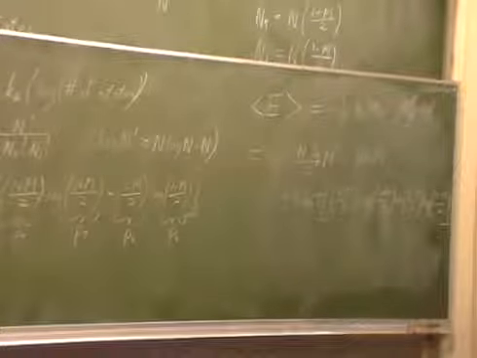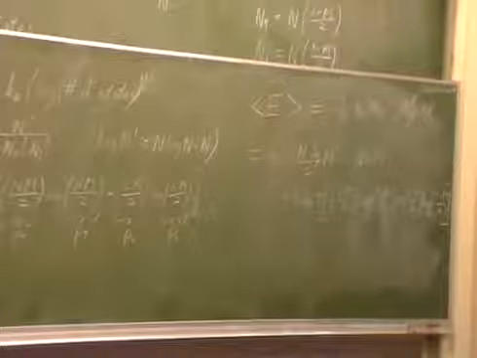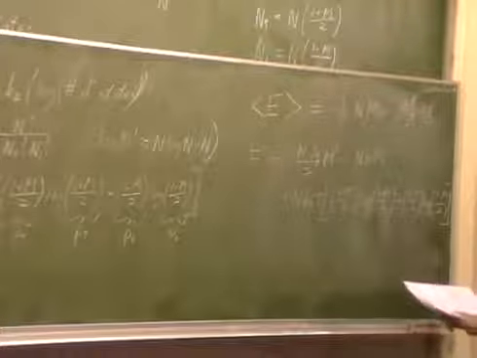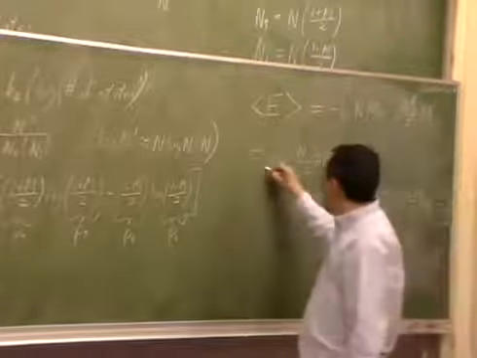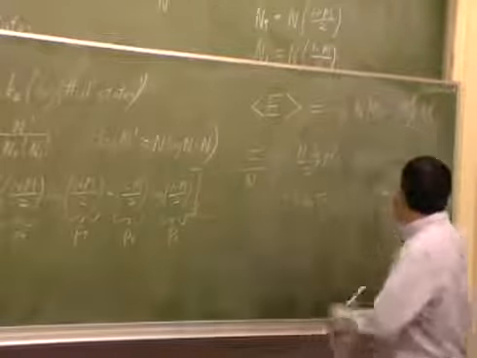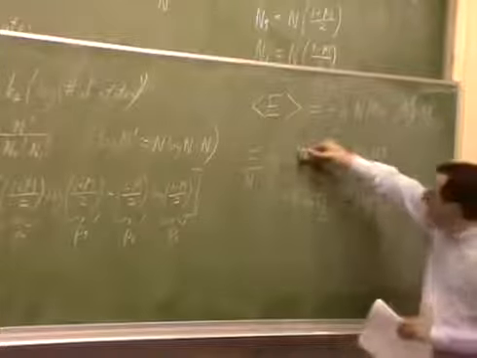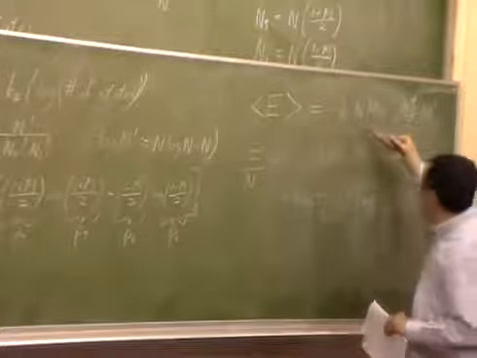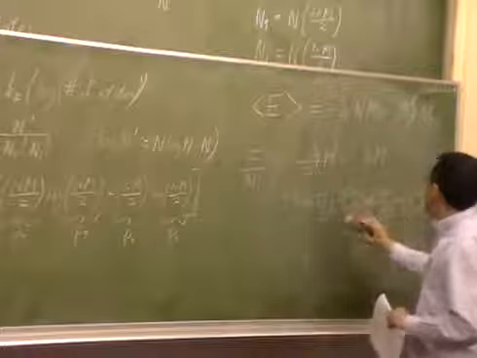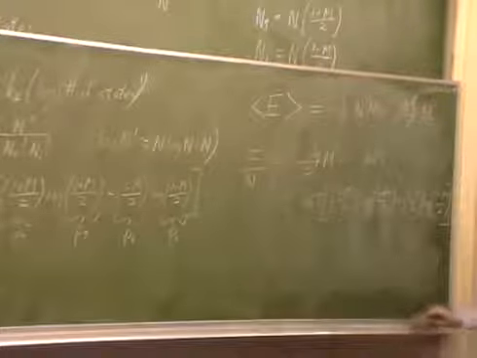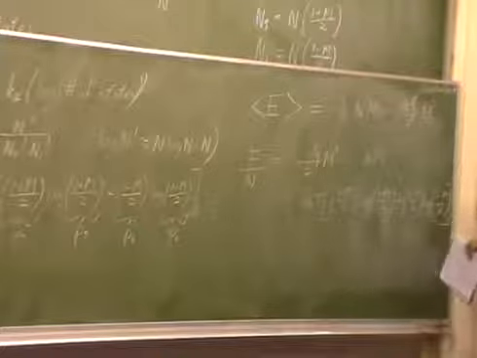And if I want to make things look simpler, I could just divide out something to reduce complications. I'll divide out N, because every term here is proportional to the number of sites. And indeed, the free energy should be proportional to the number of sites.